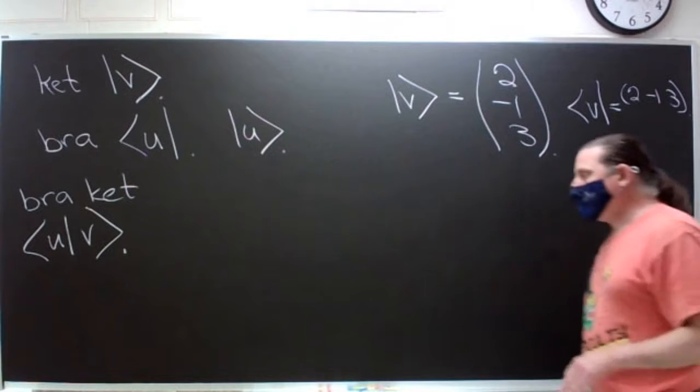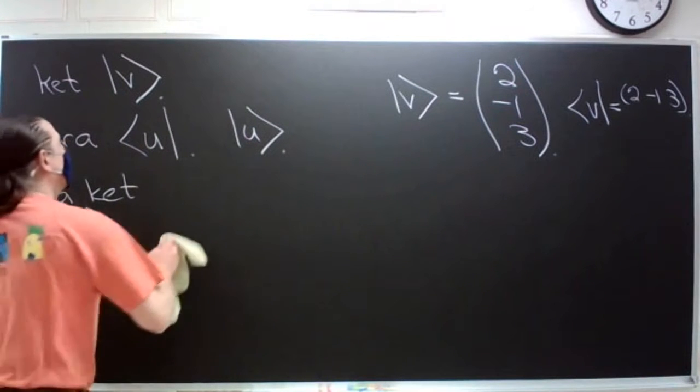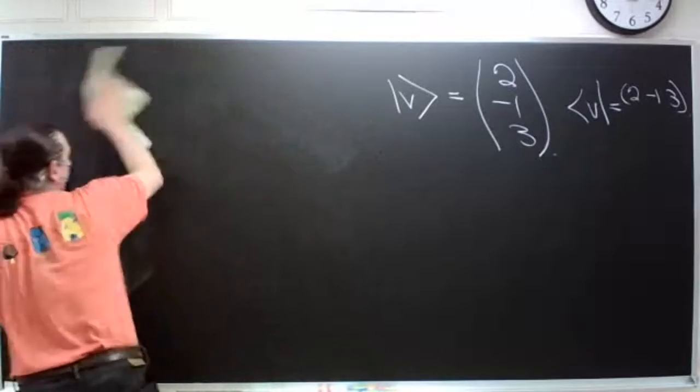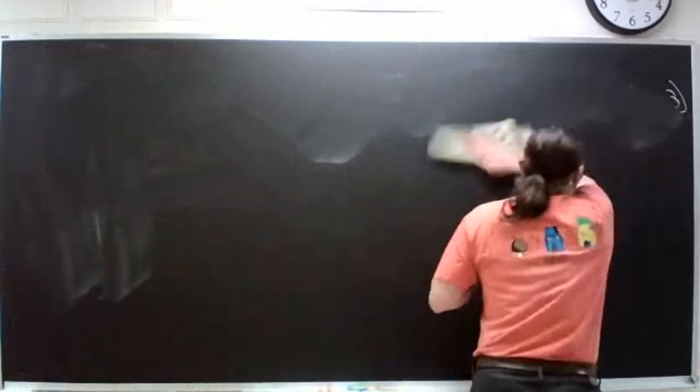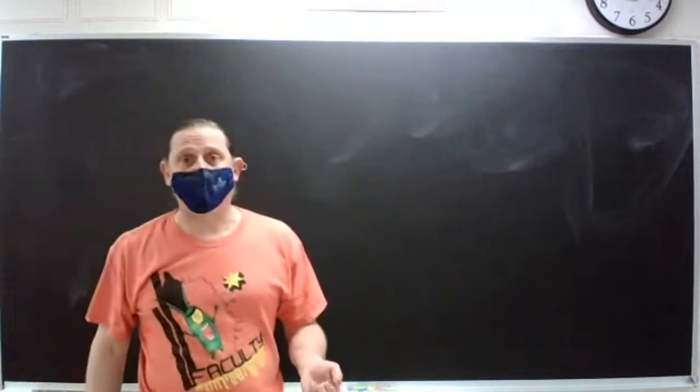Now, part of the reason that this notation is better when working with infinite dimensional vector spaces is that it makes for a clearer definition of the adjoint.